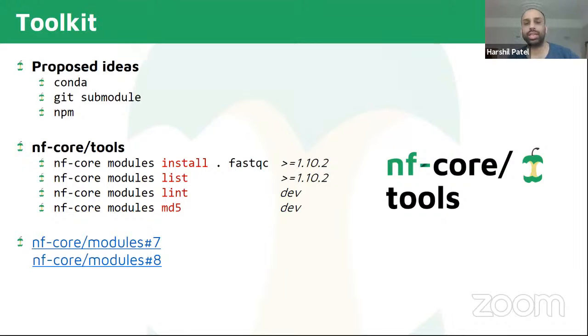But in the end, we decided to go for something a bit more simplistic, which was using our existing NF Core tools package that we already have to maintain, things like create pipelines, to lint pipelines and so on. We thought we'd add an extension to that, which would be the NF Core modules command, and that would do a lot of this stuff.